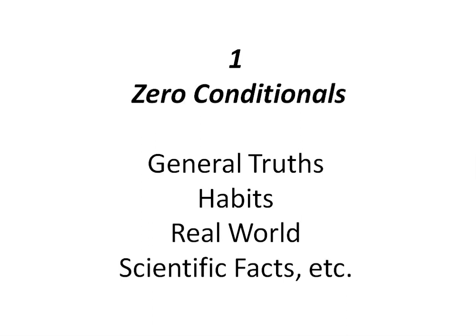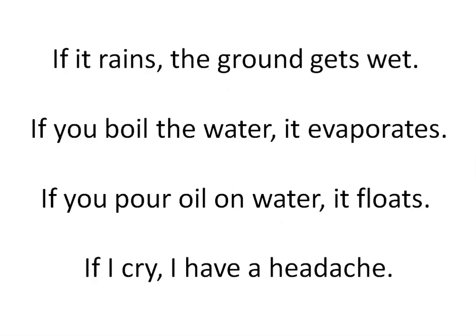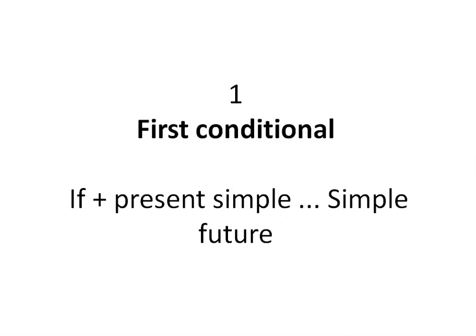Now let's move on to the next conditional, and that is the first conditional. Here we can see a pattern, another shortcut. We have already discussed that we need to learn the four patterns and remember them.